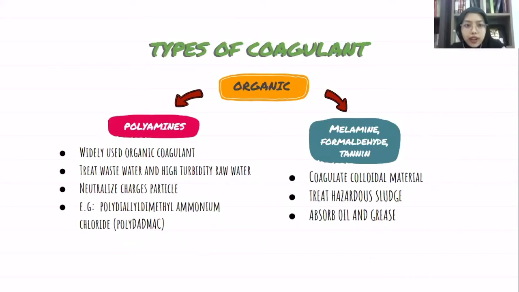Hello, there are two types of coagulant. First is organic coagulant, which includes polyamines, melamine, formaldehyde, and tannin. Polyamines are usually widely used as organic coagulants, and they are very effective to treat wastewater and high turbidity raw water.